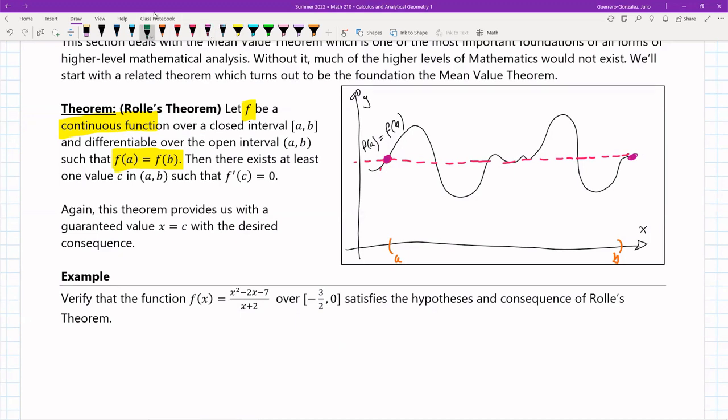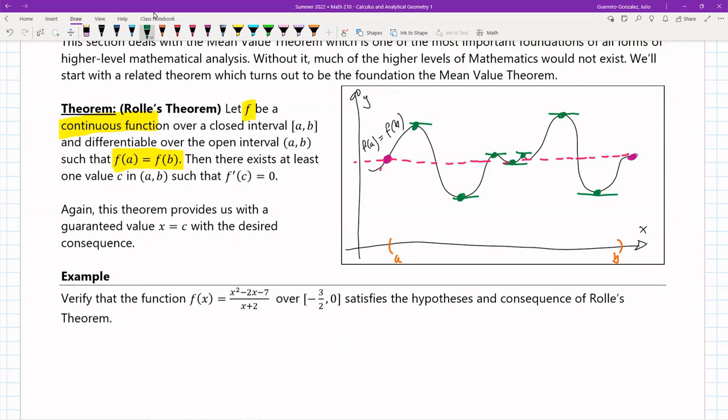And lo and behold, at least for the example I drew, there's a bunch of them. There's all of these, right? And notice that for each one, the slope of the tangent line is equal to 0. That's it. It is equal to 0. Okay.